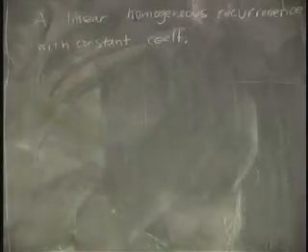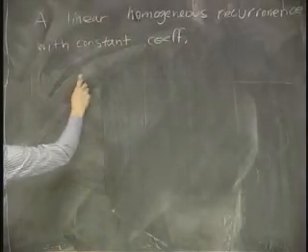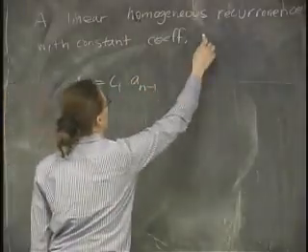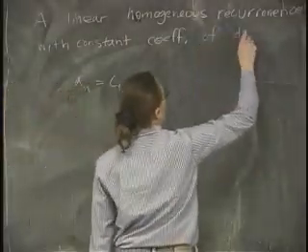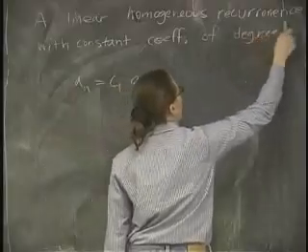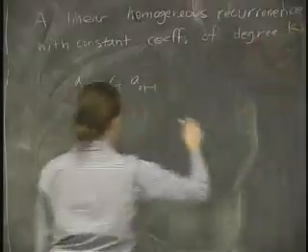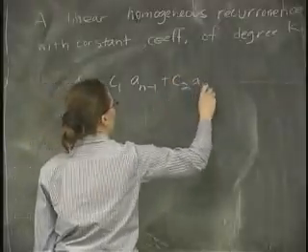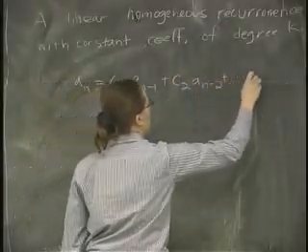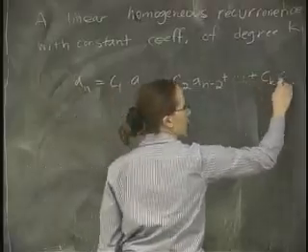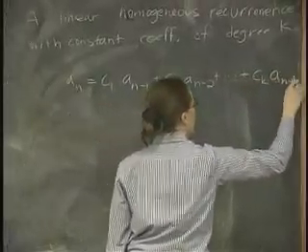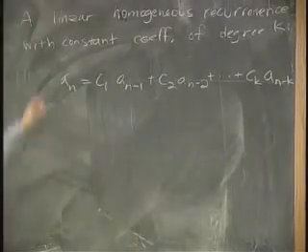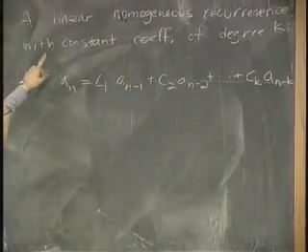That simply means I have a recurrence of the form a_n equals c_1 a_{n-1}. Oops, and I should put a degree here, of degree k. So c_1 a_{n-1} plus c_2 a_{n-2} plus all the way down to c_k a_{n-k}. And in this case, the c_i's are constants. That's where constant coefficients comes from.